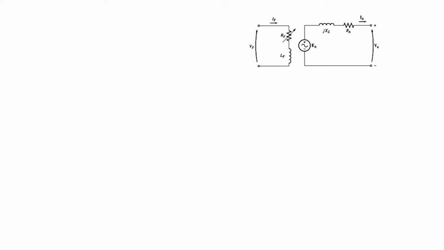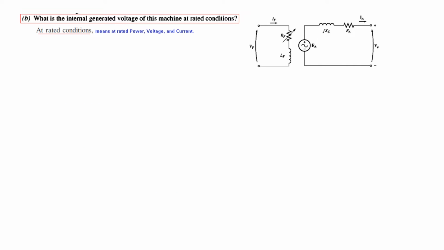Now let's go to part B. What is the internal generated voltage of this machine at the rated conditions? So we want to find the internal generated voltage at the rated condition. Rated condition means the rated power, the rated output voltage and the rated current.